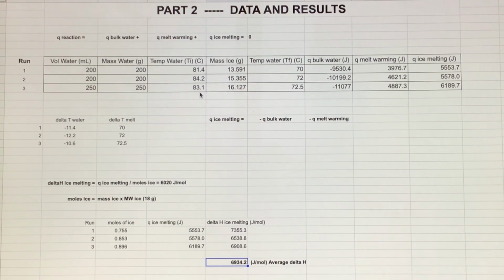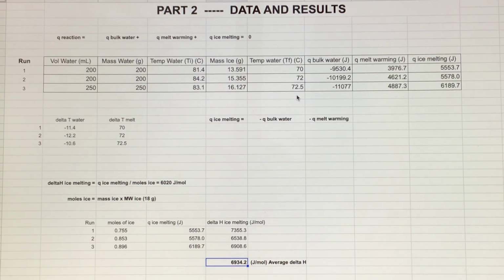Or maybe, for example, I didn't wait long enough for the temperature to be completely stable. However, I did. I'm sure I did, so it must have been something else. Maybe I waited for too long and the final temperature dropped because the system was losing heat.